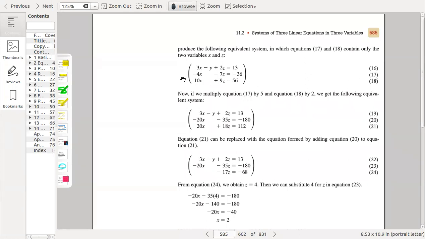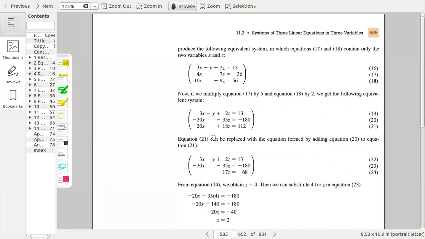By multiplying with 5, we have minus 24x, and here minus 35z, and then 5 times 6 is 30, and 5 times 3 is 15, plus 3, 18. So we will have this equation: minus 20x minus 35z minus 180. And if we multiply 18 with 2, we have 20x plus 18 plus 120.